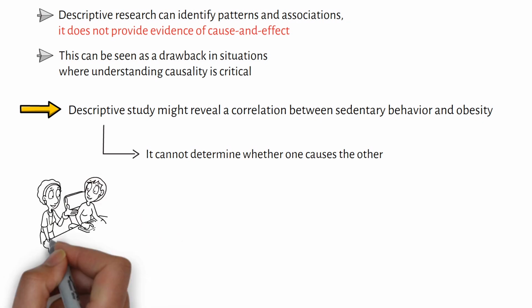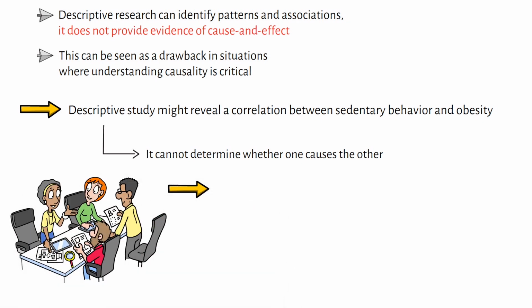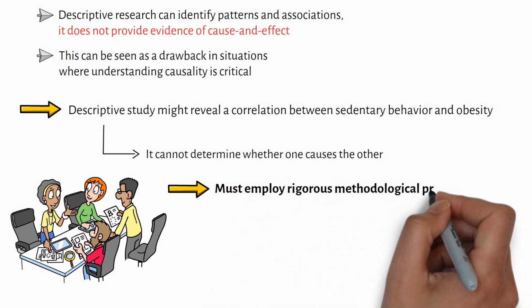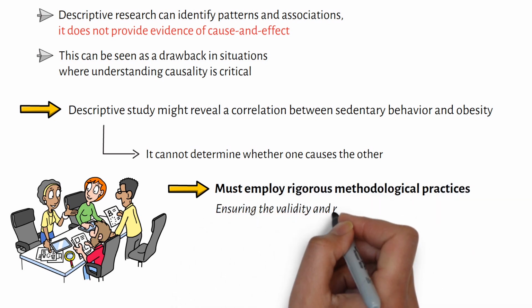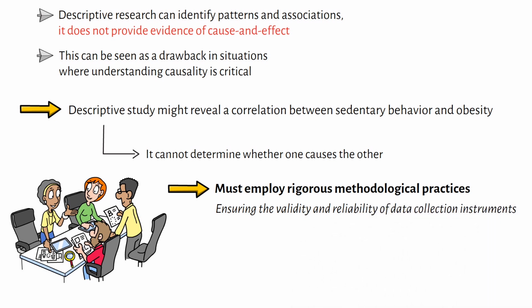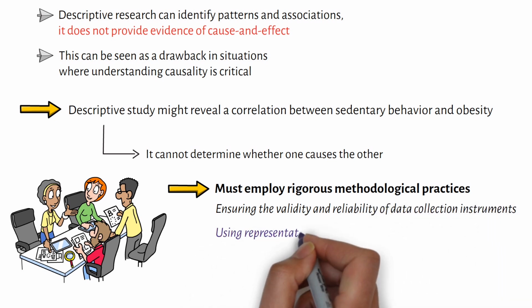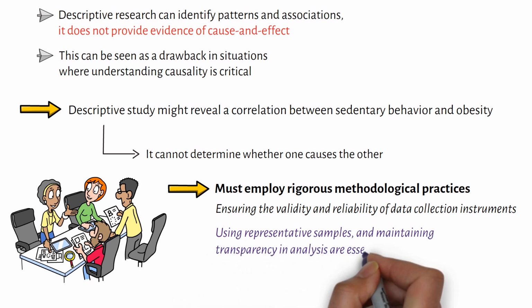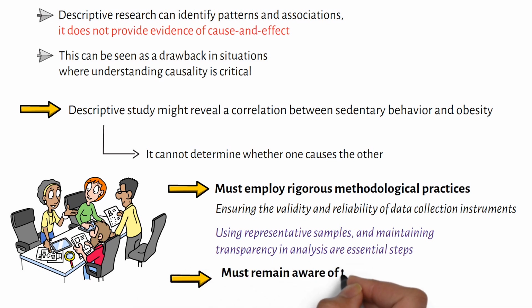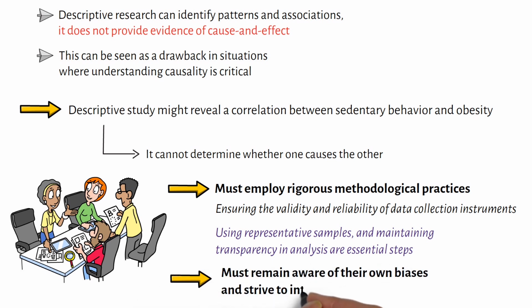To mitigate these challenges, researchers must employ rigorous methodological practices. Ensuring the validity and reliability of data collection instruments, using representative samples, and maintaining transparency in analysis are essential steps. Additionally, researchers must remain aware of their own biases and strive to interpret data objectively.